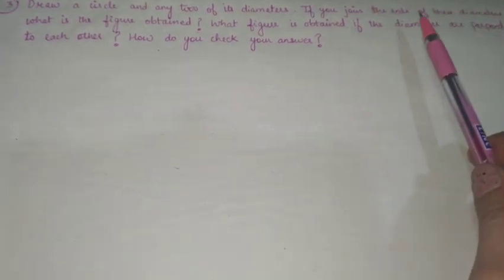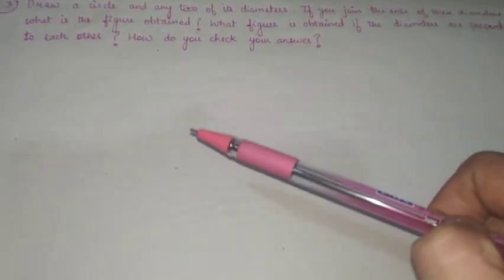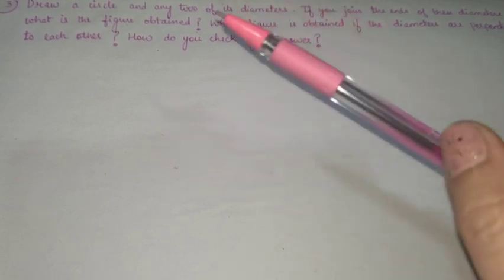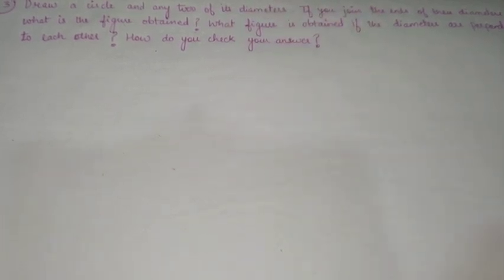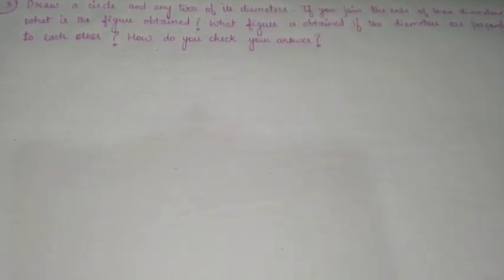Now, if you join the ends of these diameters, what is the figure obtained? That's the first question you have to answer. Second one, what figure is obtained if the diameters are perpendicular to each other? And how would you check your answer?